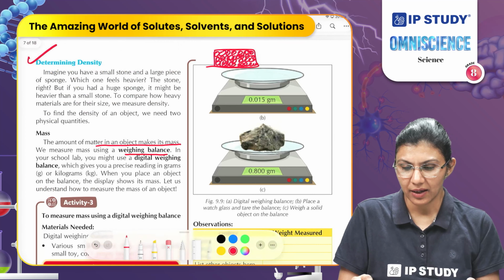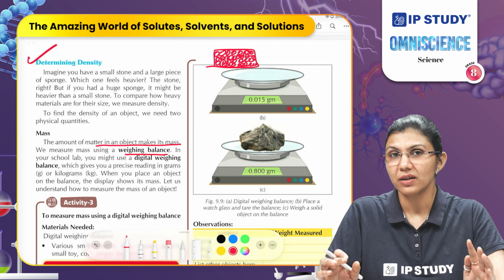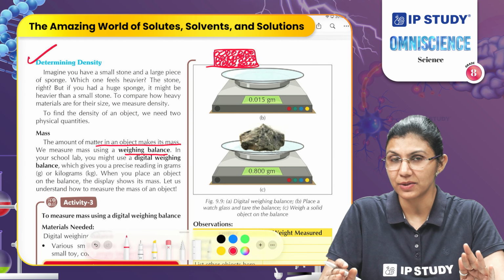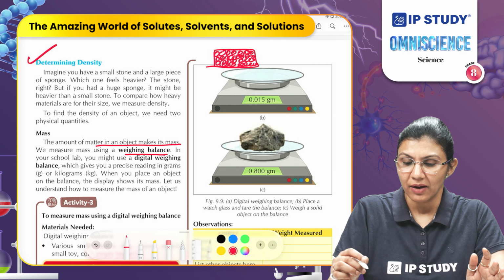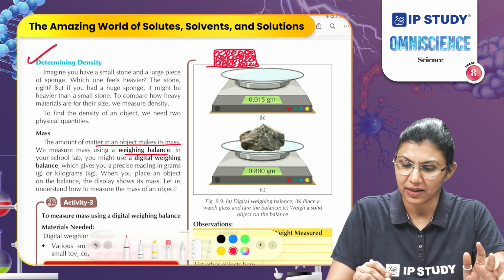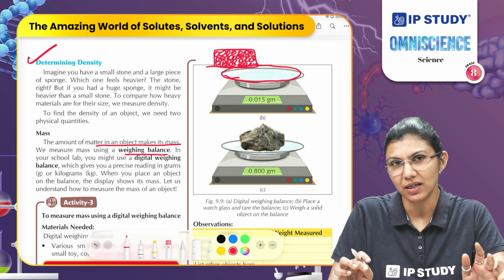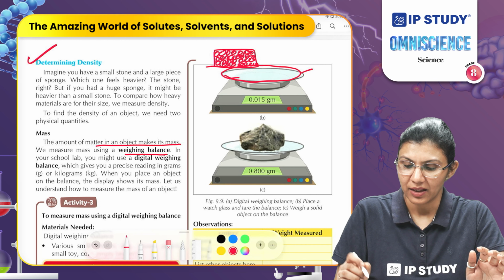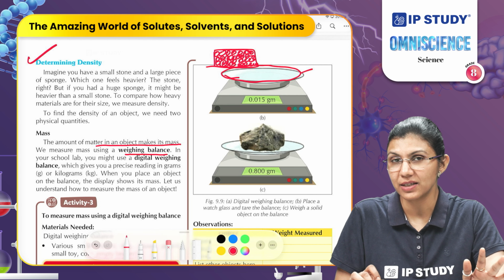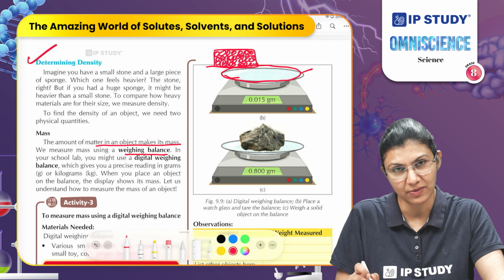So, if you are asked to measure the mass of any substance using a weighing balance, how can you find that out? We know that on the weighing balance there is a dish which also has some mass. So first of all, measure the mass of that dish. Then place the substance that you want to measure for its mass here.